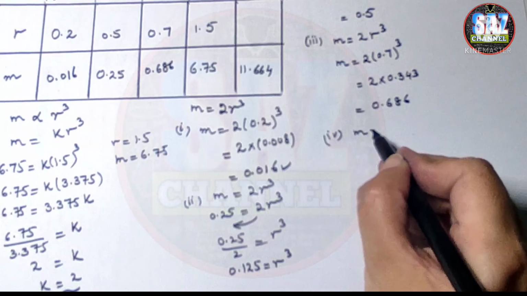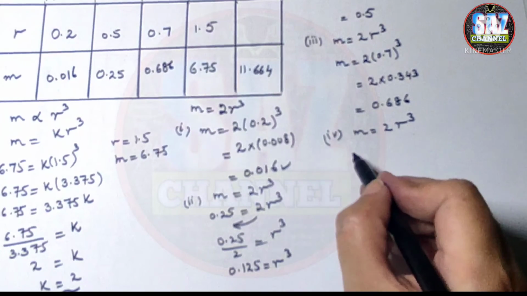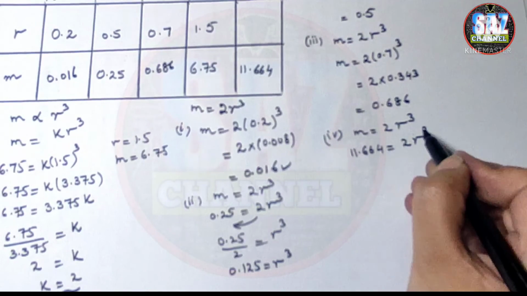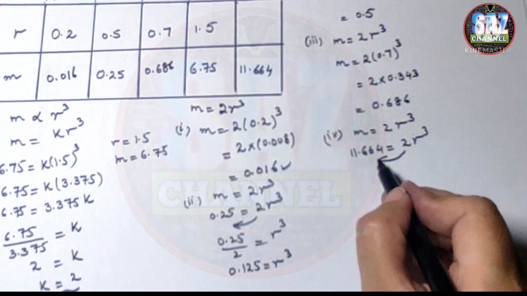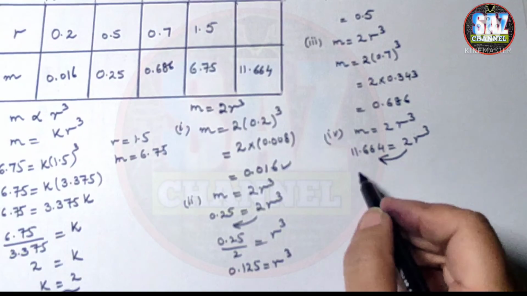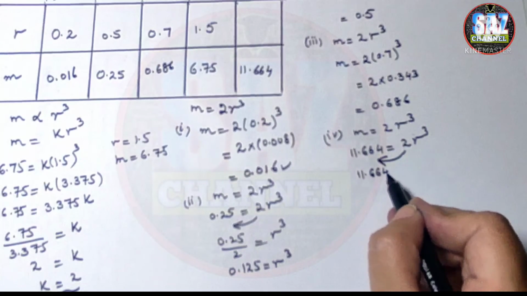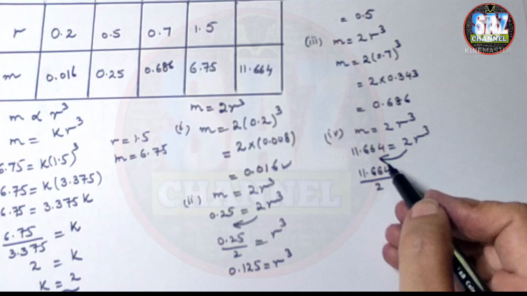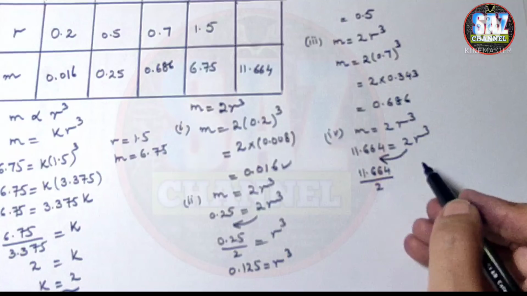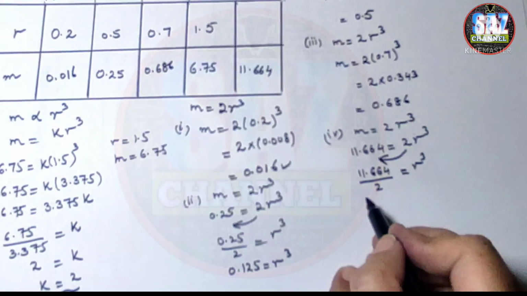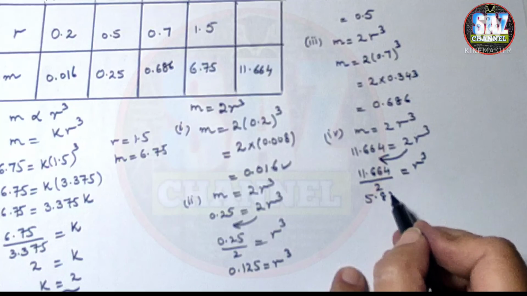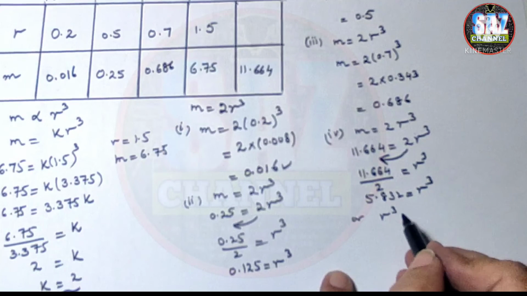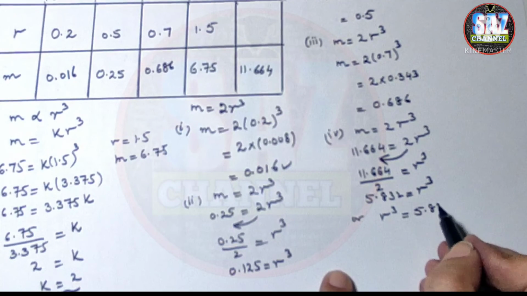The relationship we are going to use is m equals 2r cubed, and the value of m is 11.664, so 11.664 equals 2r cubed. In order to find the value of r, first I have to isolate r cubed. 11.664 divided by 2 gives me r cubed, 5.832 equals r cubed, or r cubed equals 5.832.